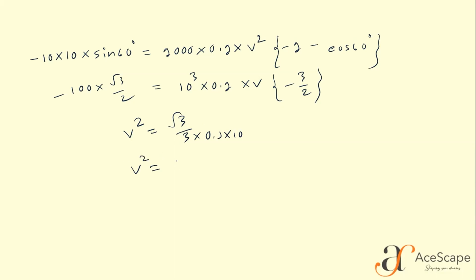I think v square is 0.57735 and v is 0.7598, like this. Okay. Check your calculation once. Let me check mine.